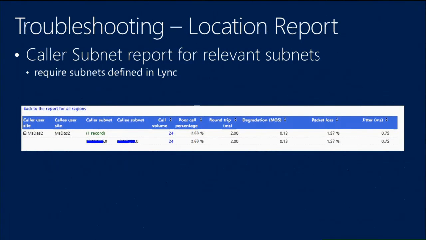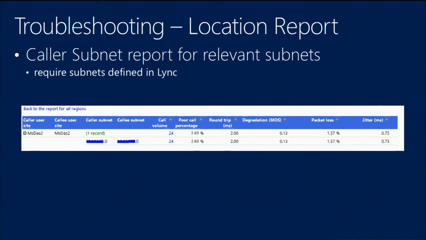The first thing we will go to is the location report, because that will show us per caller subnet how the calls have been. And as I said, that requires these subnets to be defined in the Lync database. This actual screenshot does not have the same names as in my lab, but you get the point.